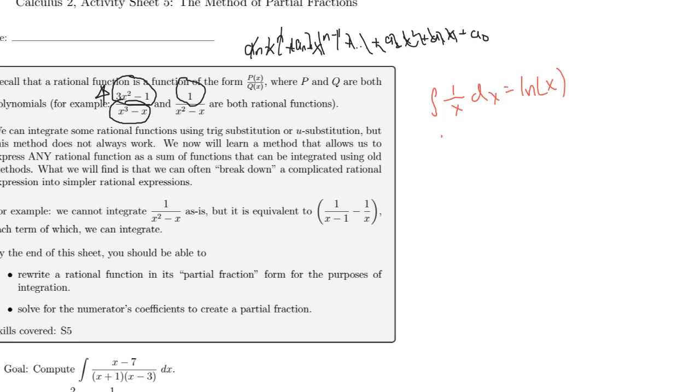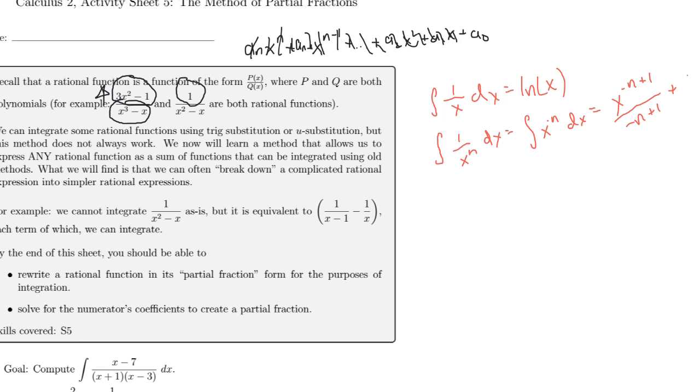And more broadly, the integral of 1 over x to the n, where n is something other than 1, is just the same thing as the integral of x to the negative n. And so that's going to be x to the negative n plus 1 divided by negative n plus 1.